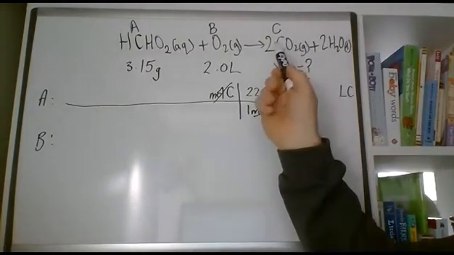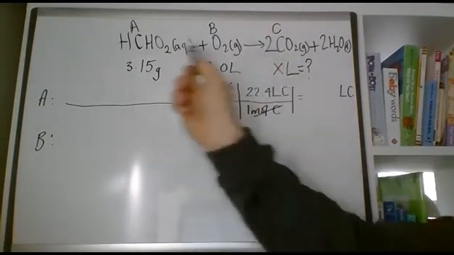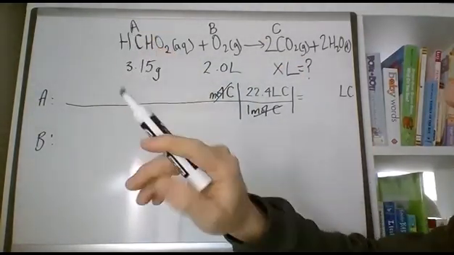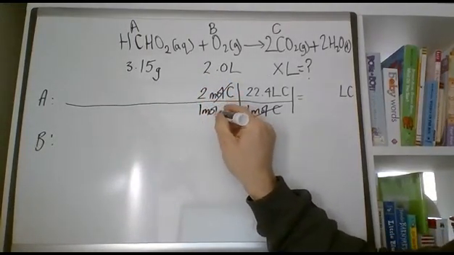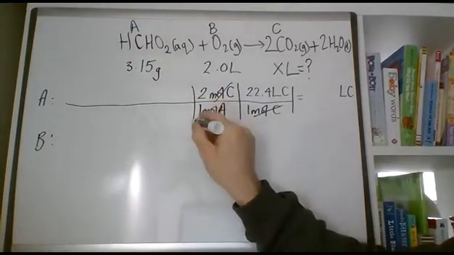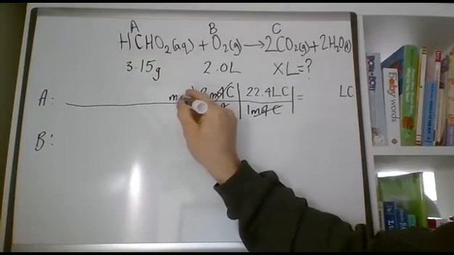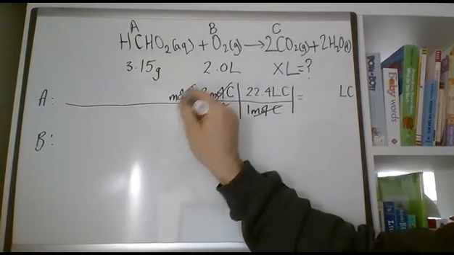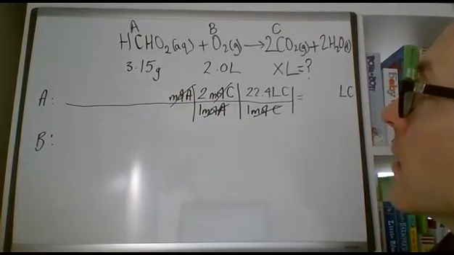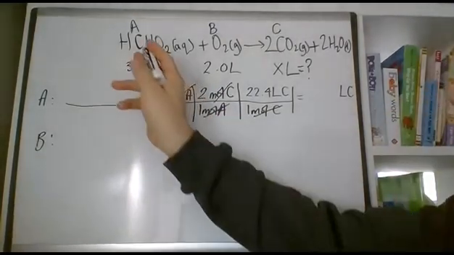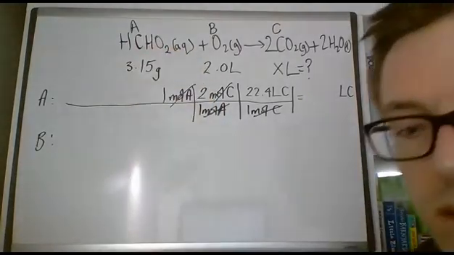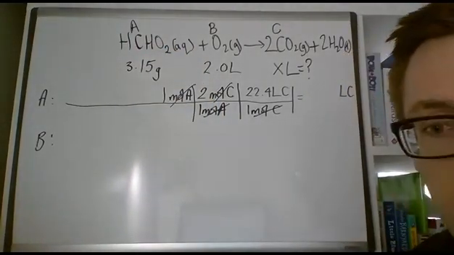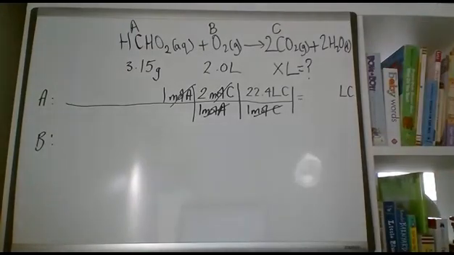From the balanced equation, I know that 2 moles of C is equal to 1 mole of A. I know that by definition, a mole of A is the weight of A in grams, so I have to add up the weight of all the elements. So let's see what that is.